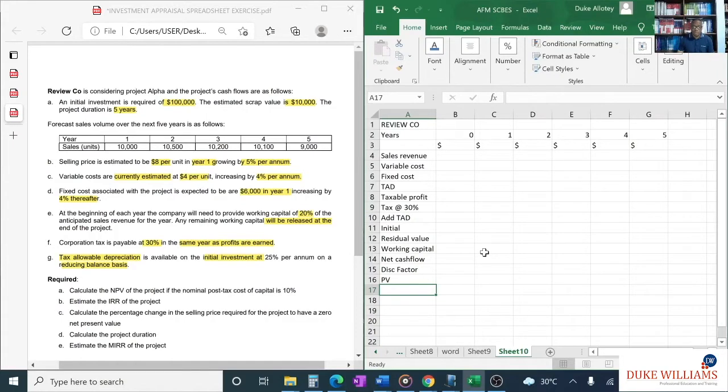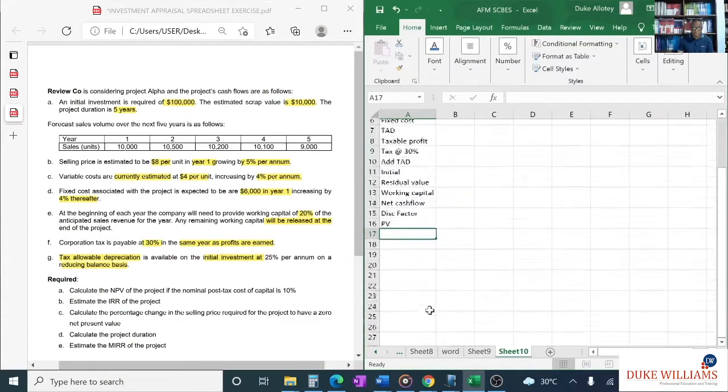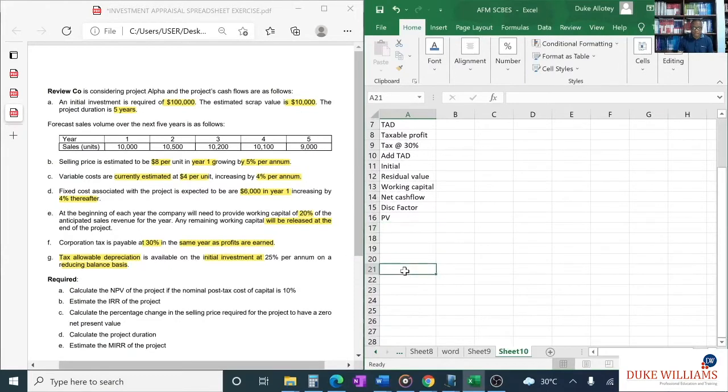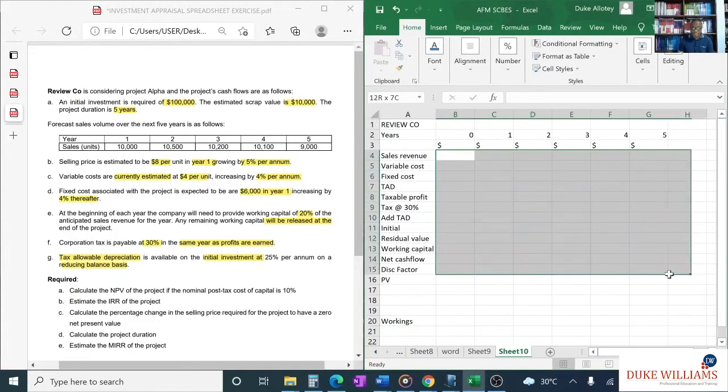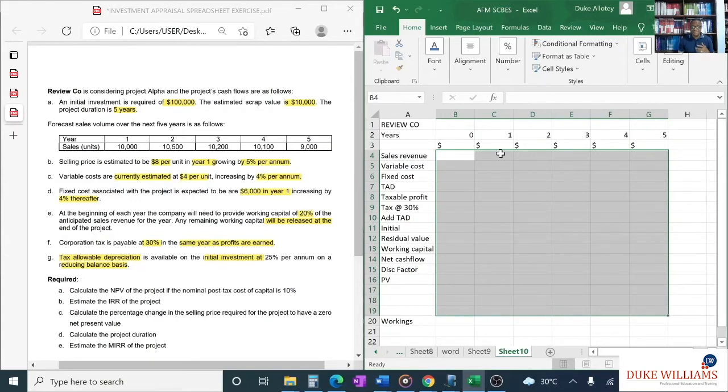All right, so looking at this, I would want to begin by doing some workings here for the sales and stuff like that. Now, also, in order to keep everything in shape, I could decide to format all my cells so that they all give me two decimal places maximum.